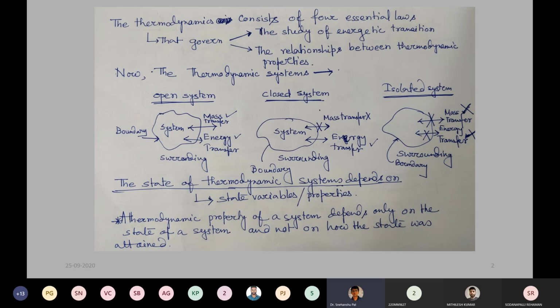So again, the state of a thermodynamic system at any instant is the condition of existence at that instant, which can be specified by certain parameter values. Those parameters can be named state variables and properties.